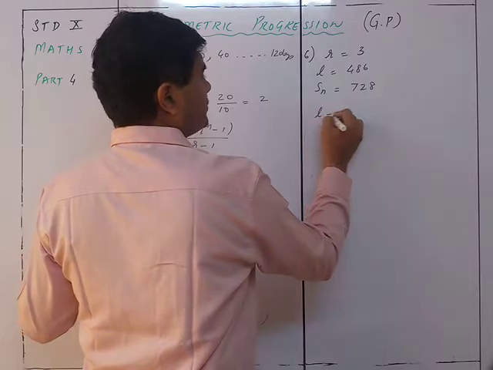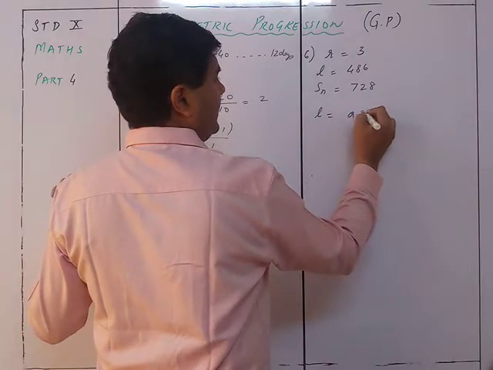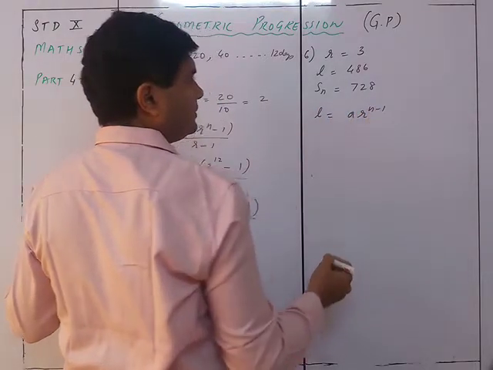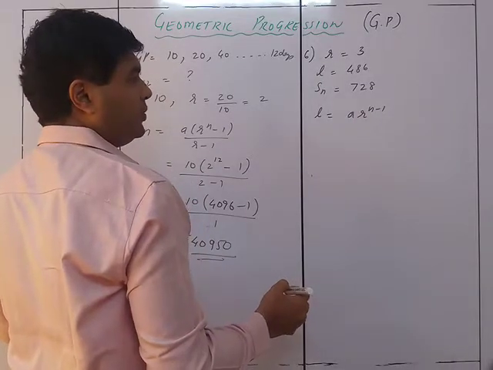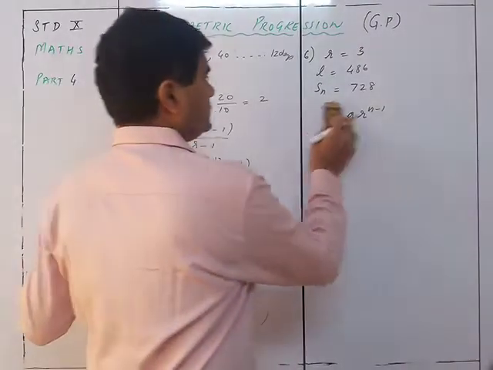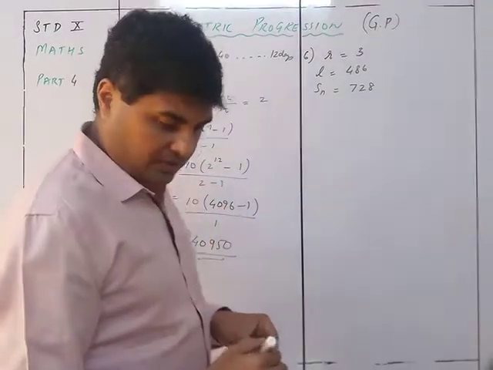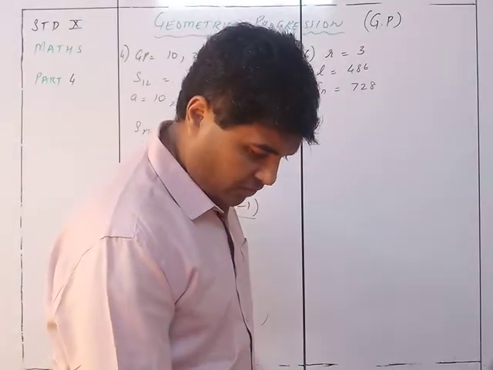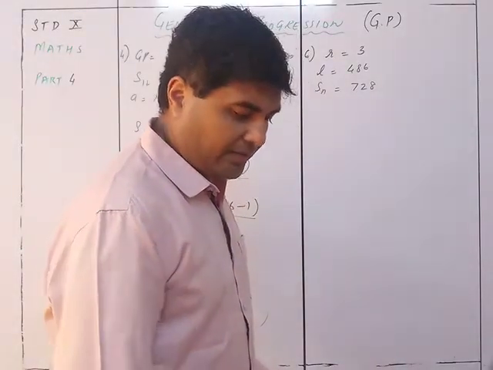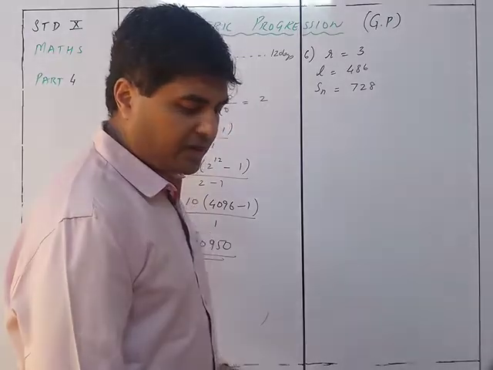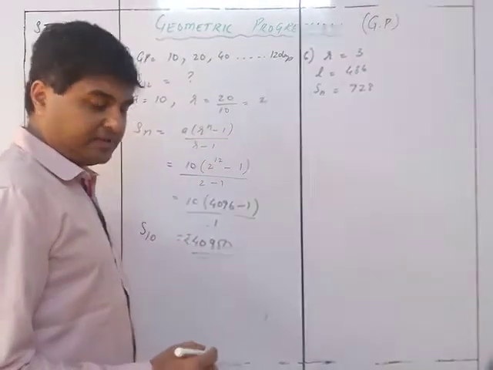Okay, L is equal to a r raised to n minus 1. We don't know n, we don't know a, so forget that. But we know, okay, I think there was some formula for L also. I missed out one formula, that is the formula for S when the last term is given to me.